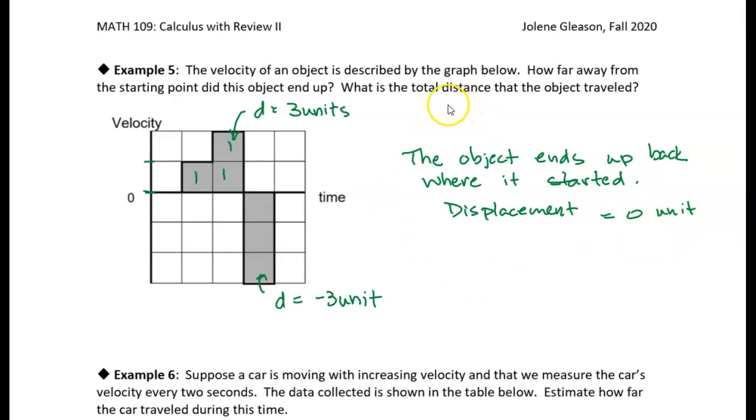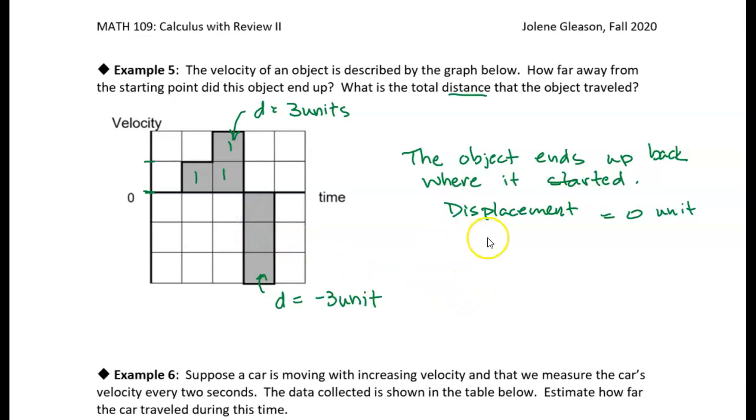Now, the second question asks us, what's the total distance that the object traveled? So I think this example really illustrates the difference between displacement and distance. Because if you went out for a run, let's say, and you ran 3 miles away from your house, and then 3 miles back toward your house, you covered some distance, right?